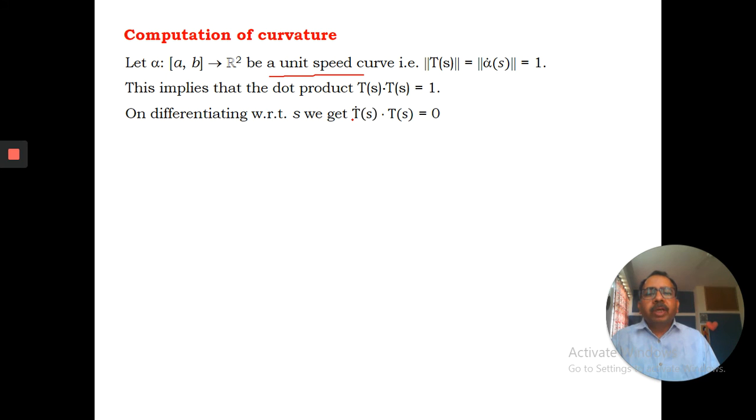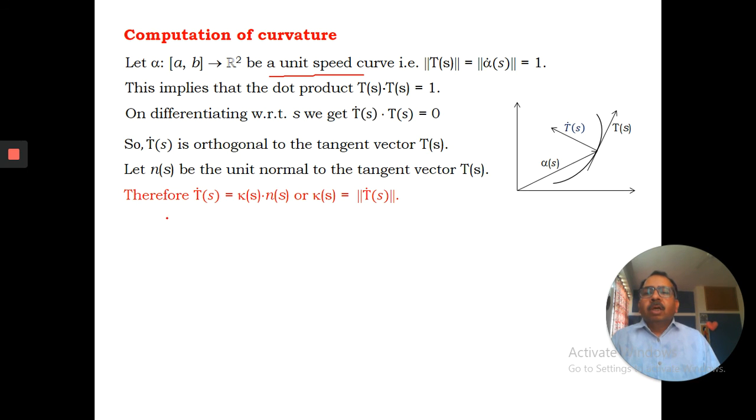That gives me T' dot T equal to 0. So this is my tangent vector T and this is the derivative vector. The relation T' dot T is 0 means these two vectors are orthogonal.